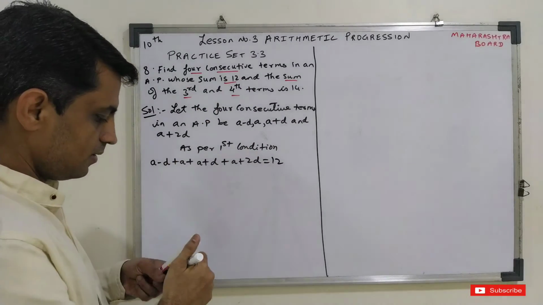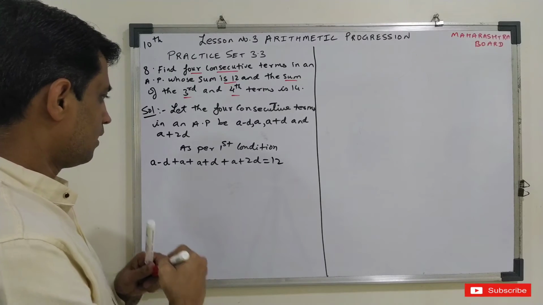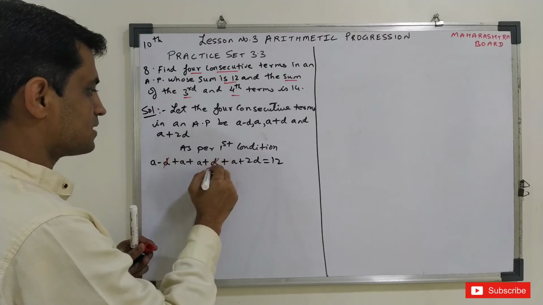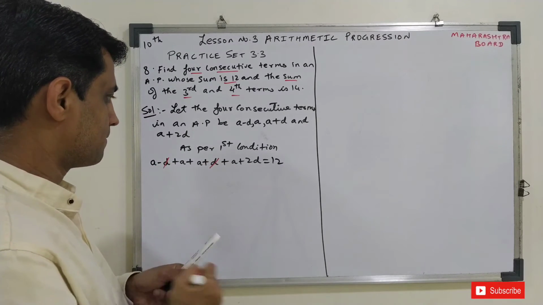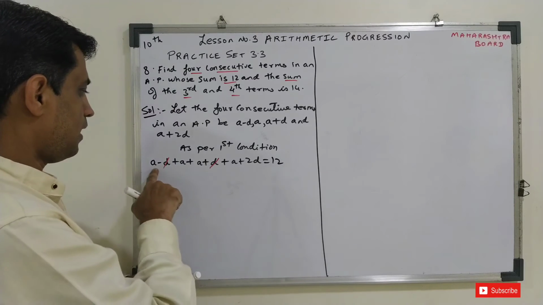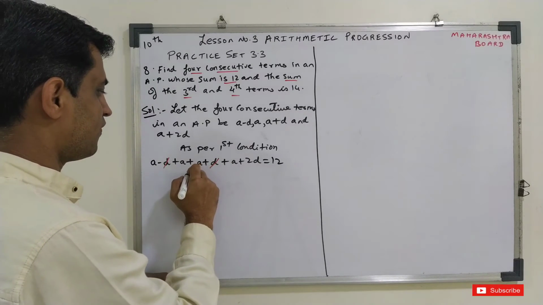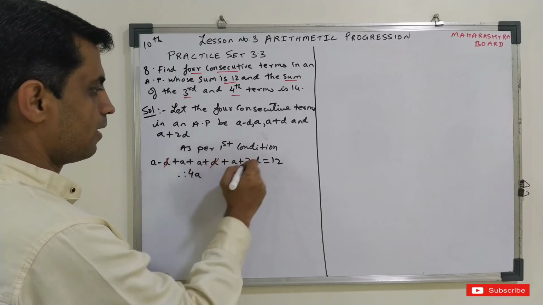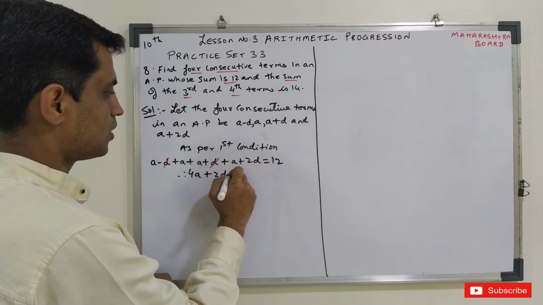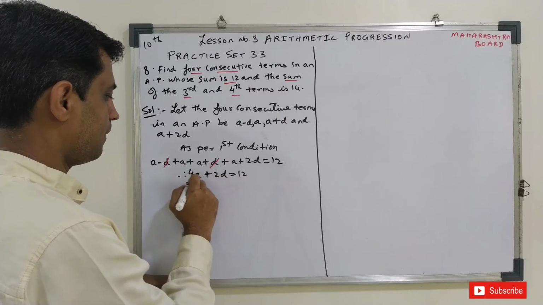Now let us solve. Minus D plus D get cancelled. Now A will give you 4A plus 2D is equal to 12.